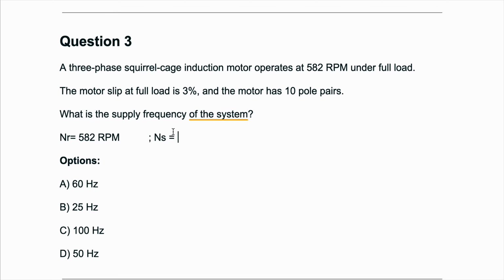In this question we need to calculate the Ns, the speed of the stator field, but we can find it from the slip.